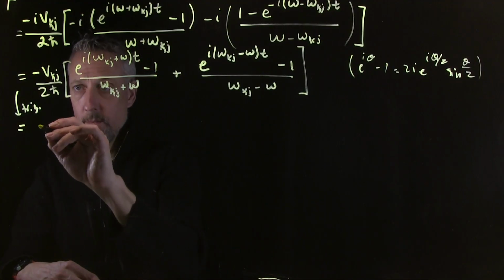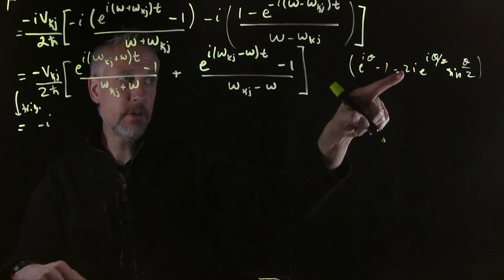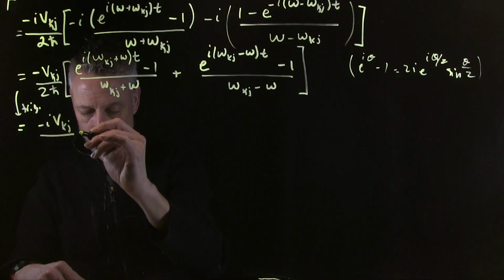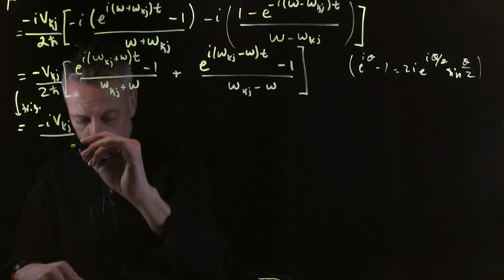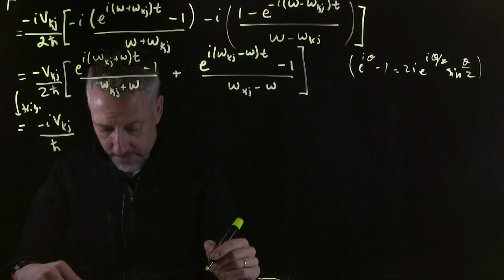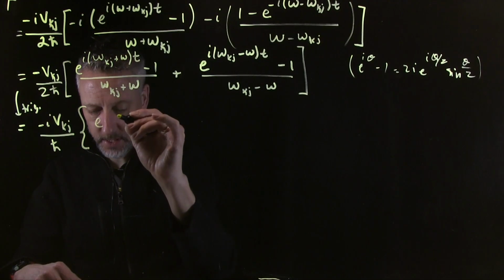So we get minus i, oh right, the i is coming from here, V_kj. I thought I got rid of the i's over here, but they come back. The 2 cancels this 2, and then we have the very interesting terms that are coming now.